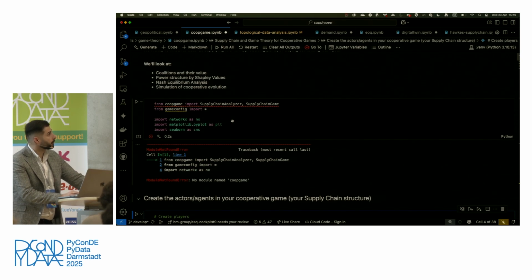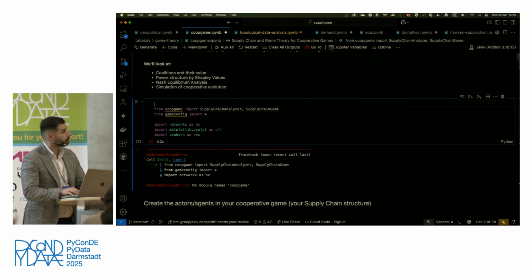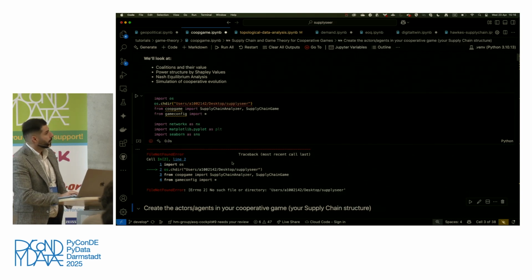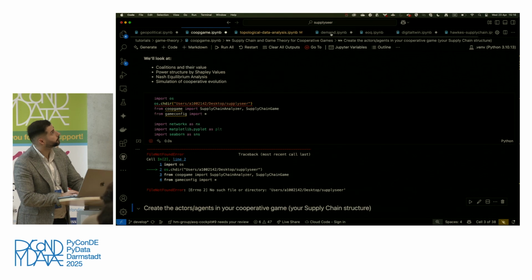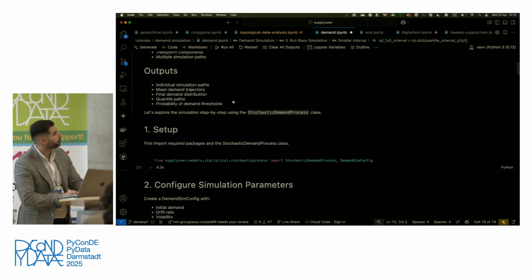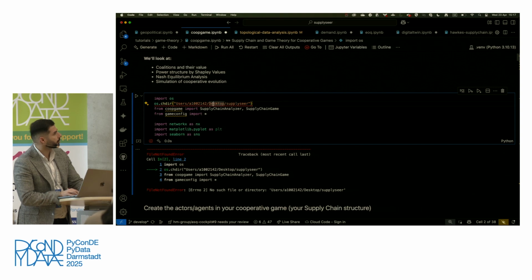No module named co-op game. Oh, I need to... Dropbox. Desktop supplyseer. Okay, let's see. No such file. What's going on?